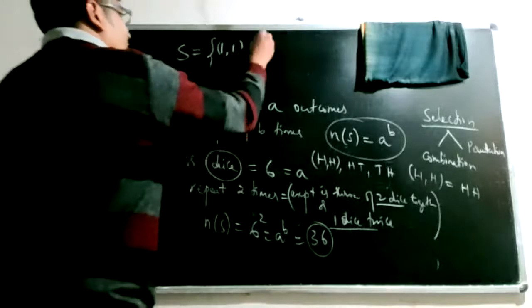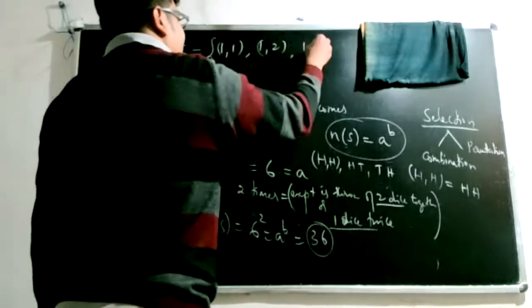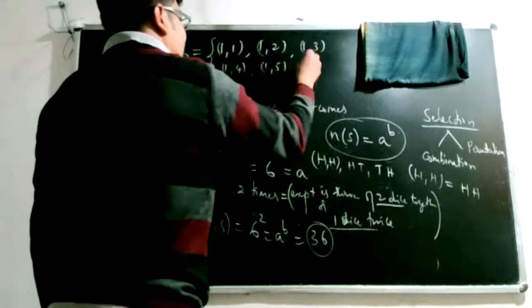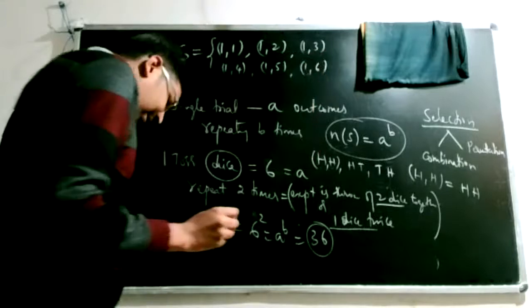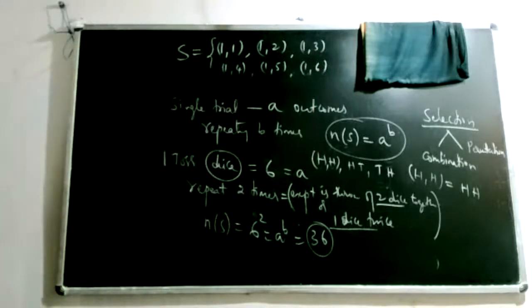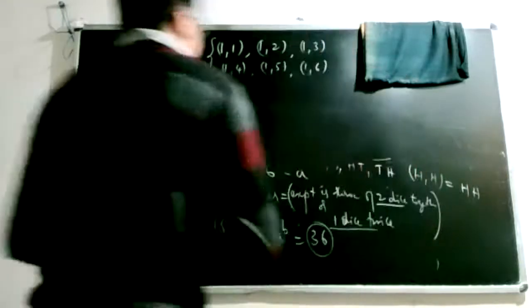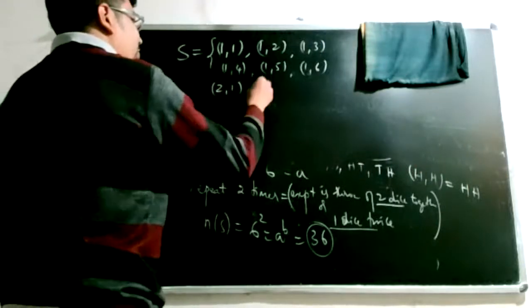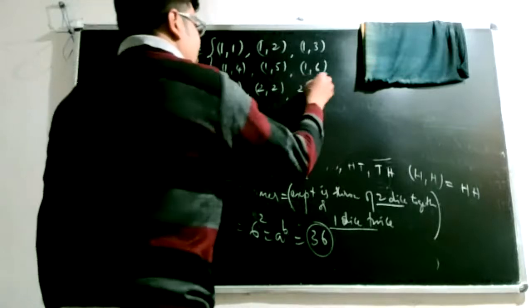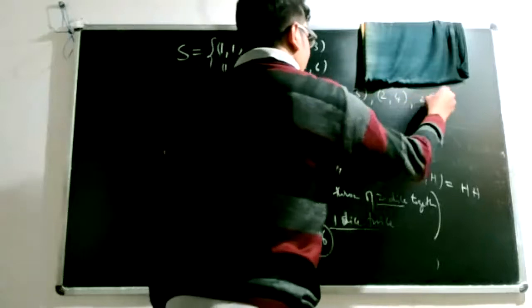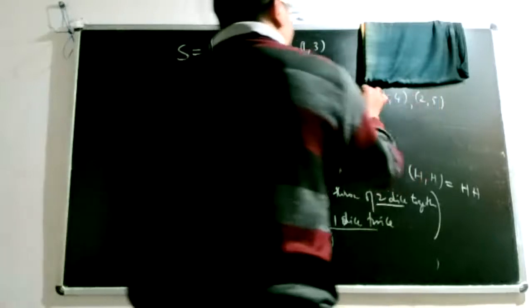So the 36 possibilities are 1 1, 1 2, 1 3, 1 4, 1 5, 1 6. This is the case where your first dice is showing the number 1 and the second dice could be any number between 1 and 6. Similarly you can have the outcome where the first one is 2 and the second one is 1 to 6: 2 1, 2 2, 2 3, 2 4, 2 5 and 2 6.